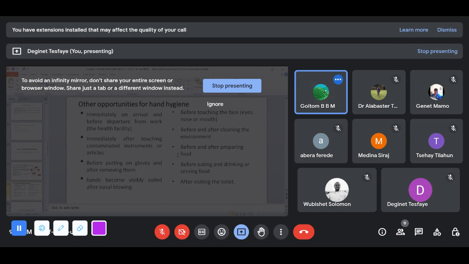People might forget to wash after removing gloves, but it is a very important and crucial moment when we should also do hand hygiene. Also when hands become visibly soiled, after nose blowing, before touching the face, before and after cleaning the environment, and before and after preparing food.